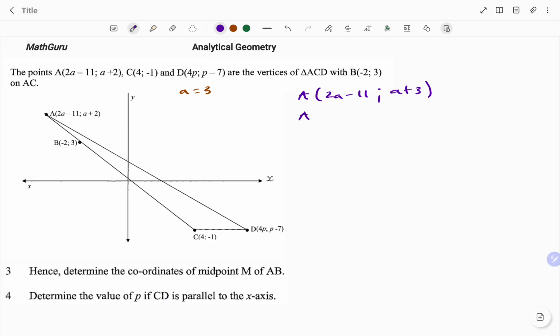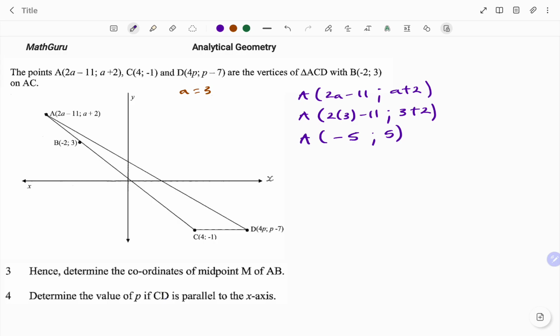So the coordinates of A will be 2 times 3 minus 11 for our x, and then for our y, that will be 3 plus 2. So therefore, the coordinates of A is 6 minus 11, that's -5, and 3 plus 2, 5.